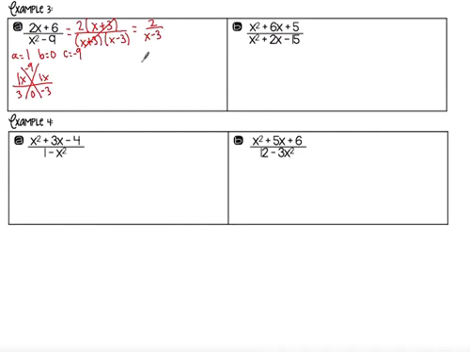Remember, we still want to get our excluded values though. And so to get our excluded values, we're going to use the factored form. So we're going to use kind of like this middle step here. And so remember, we're only looking at the denominator. So to find out what our excluded values would be, we'll take the factors on the bottom, set them not equal to 0. And then we're going to solve for x.